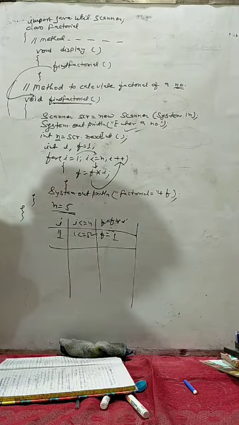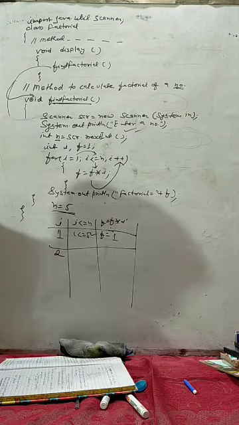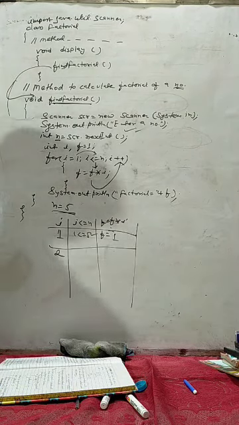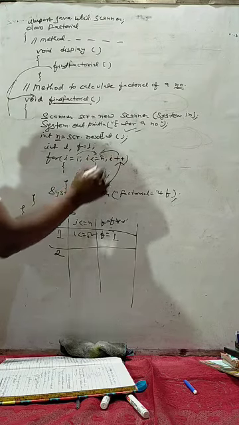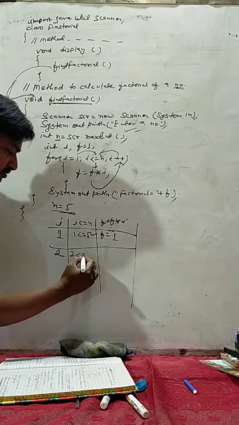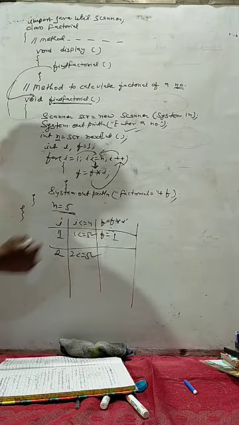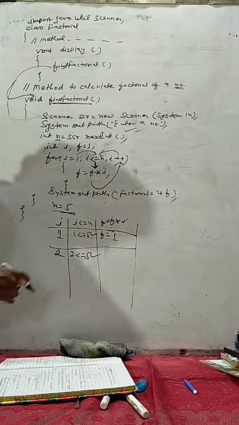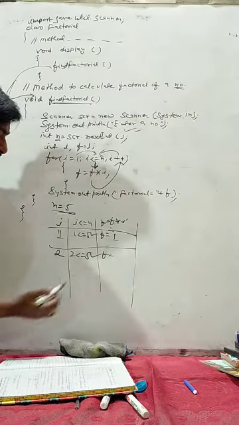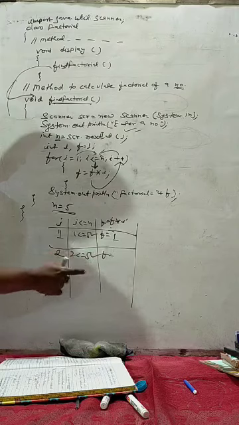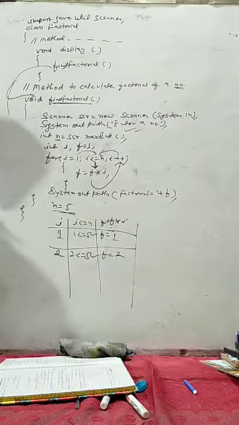There I plus plus will be executed, and the value of I will be increased by 1, so the new value of I is 2. Once again the condition is executed, so 2 less than equal to 5, it is also true. Again control moves inside the loop, f equal to f into I. The value of f is 1 and the value of I is now 2, 1 into 2 equal to 2.